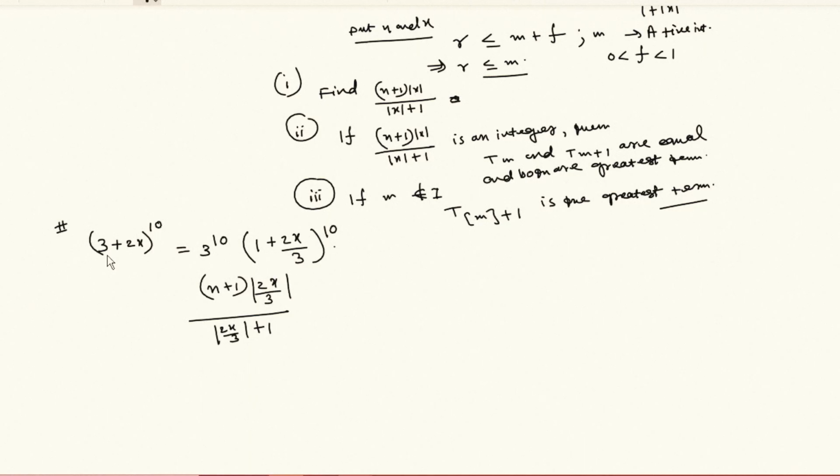Okay, this when x is equal to 3 by 2, or say x is equal to 2 by 3, something like that. So you find this thing first. n plus 1 means 10 plus 1 into (2x plus 3).